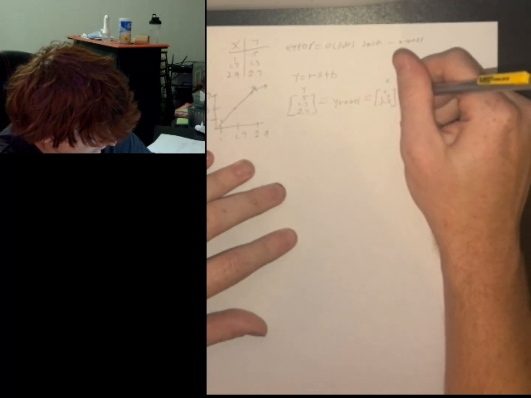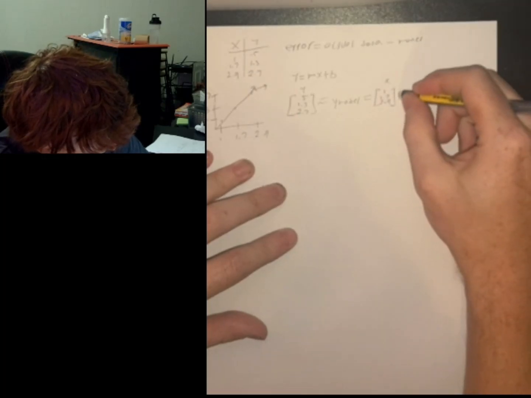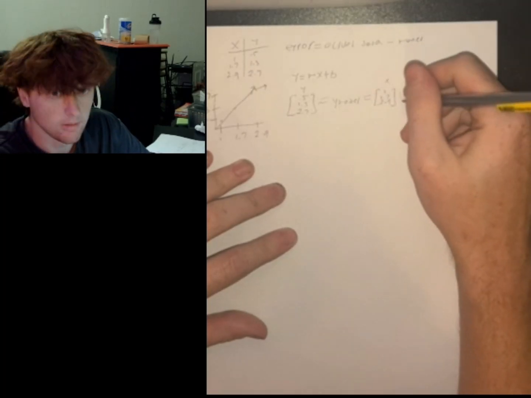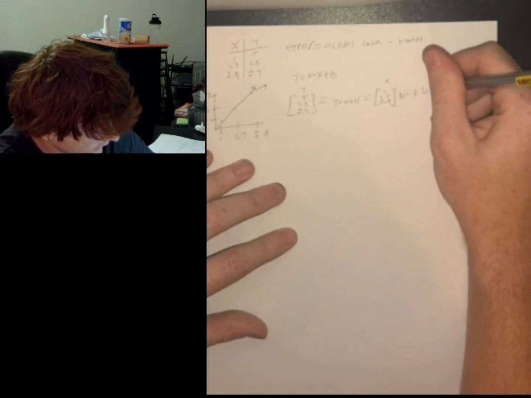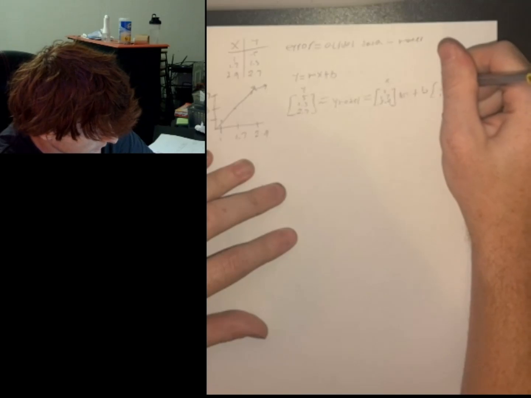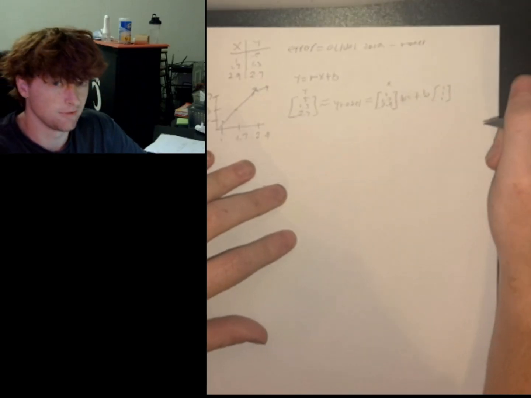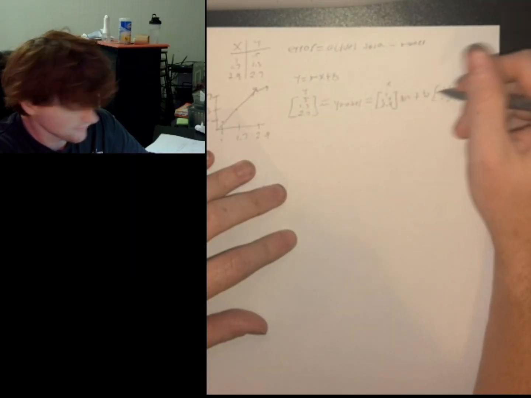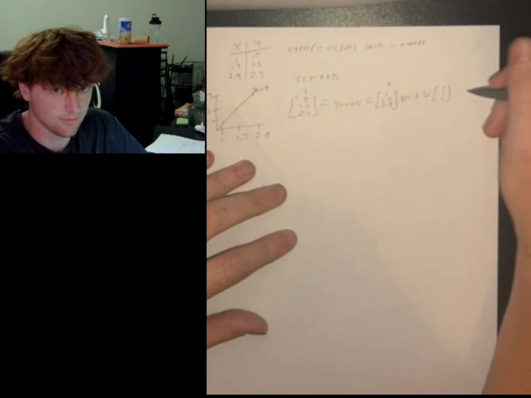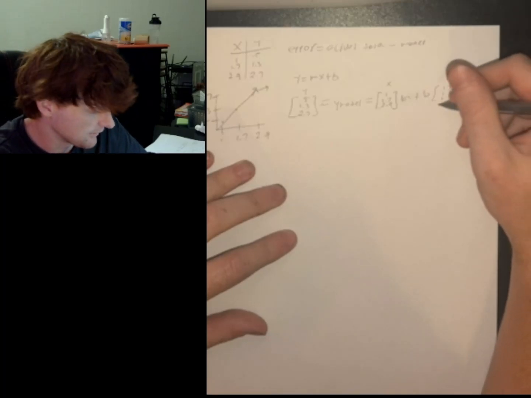So that's our x times our m, and plus our b, and our matrix here will be 1, 1, and 1. It's 1, 1, and 1 because both our x and y data still have a b variable, so this matrix can't be 0, and it can't be anything more than 1.